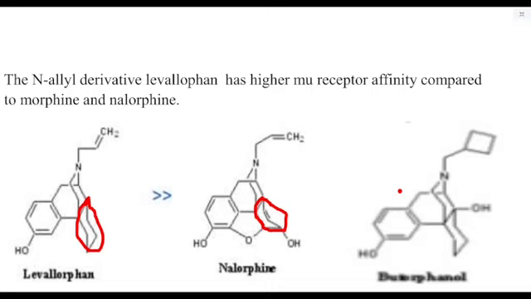When you have the boat conformer, and I've said the boat is just a shape, it orients the hydroxyl group such that it falls on the hydrophobic site within the morphine receptor. The hydroxyl group is a hydrophilic area, and a hydrophilic area falling on a hydrophobic receptor is like water and oil.